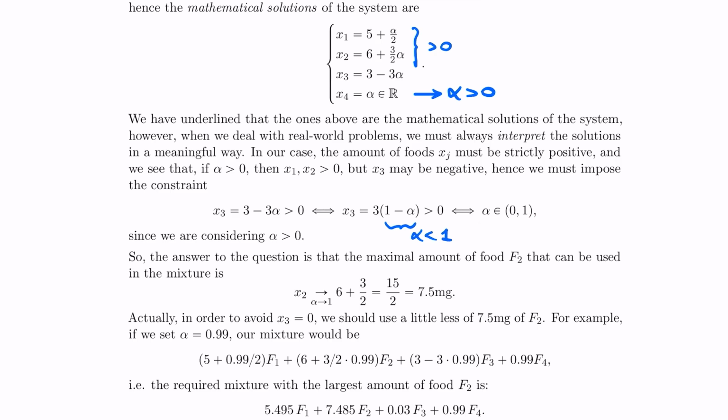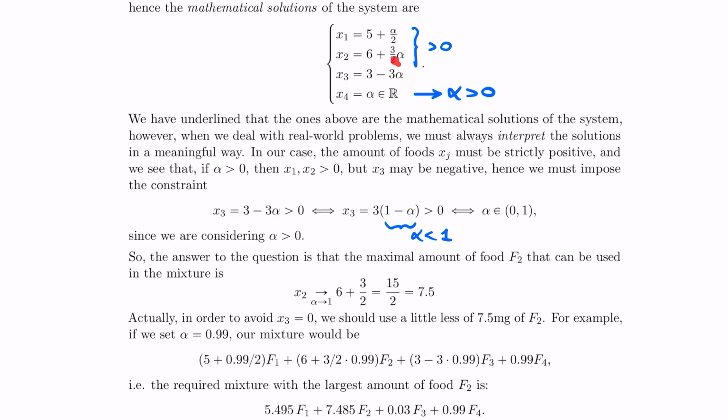In fact, let's look at the expression of x2. We see that the largest amount of x2 which makes sense is when we replace here for alpha a value that approaches as much as possible 1.